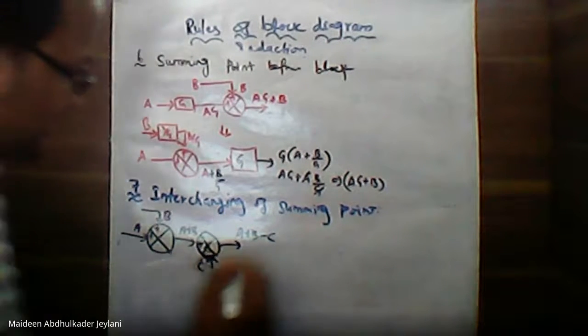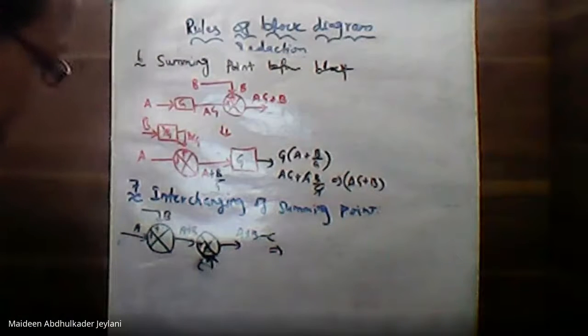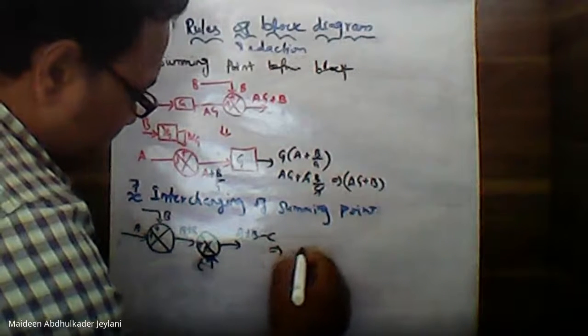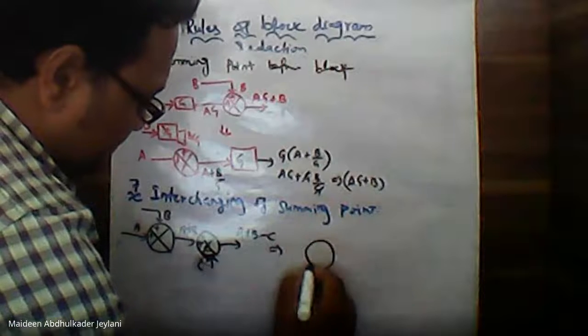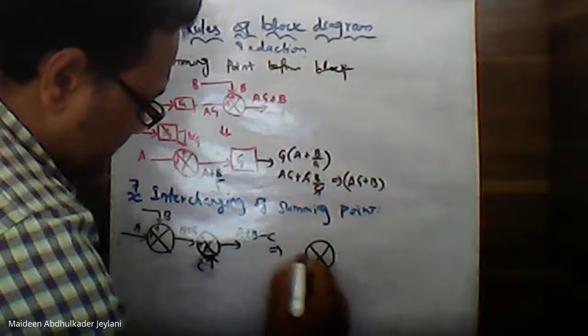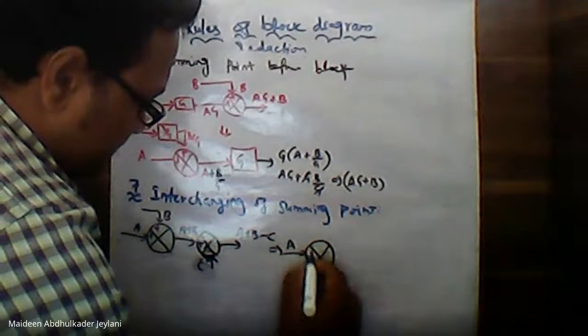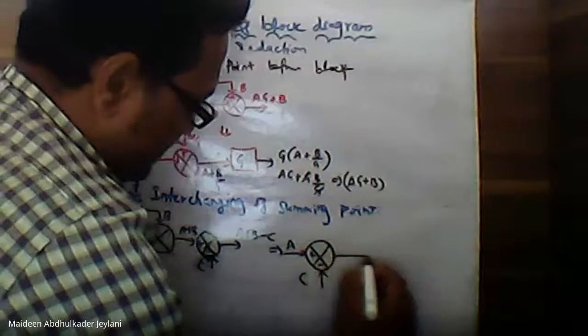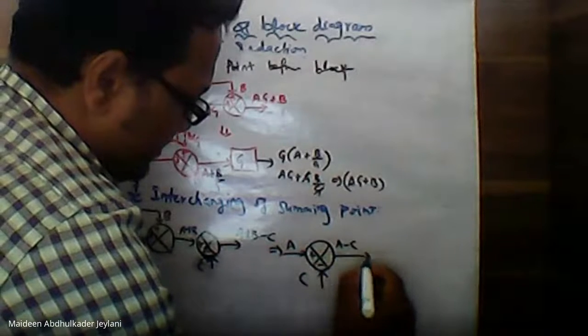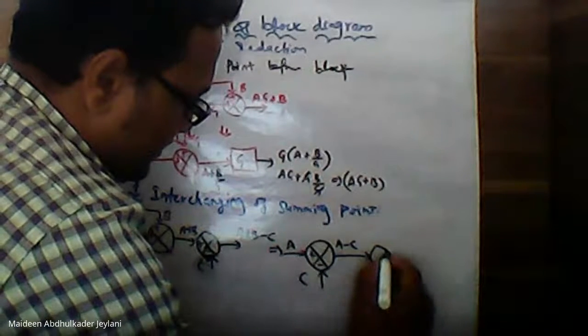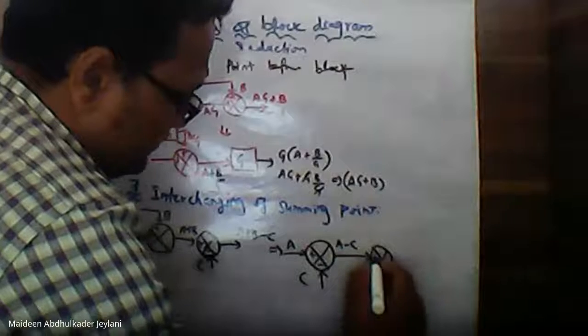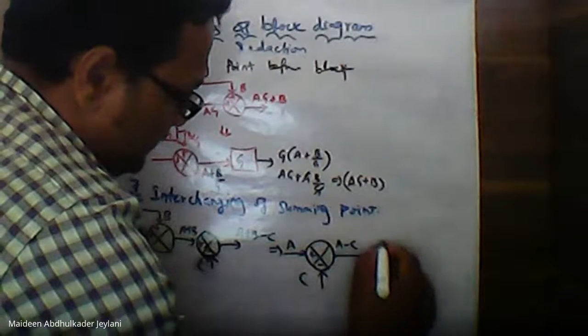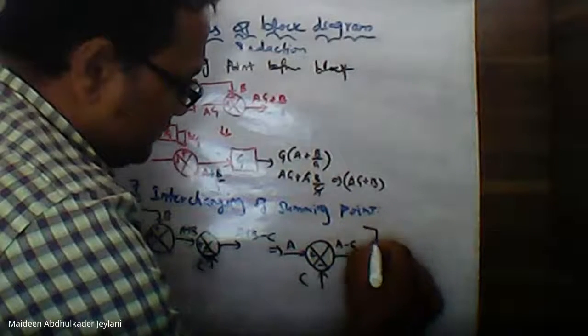If you interchange this, the response is A minus C, and I have another input, this would be B. What is our final response?